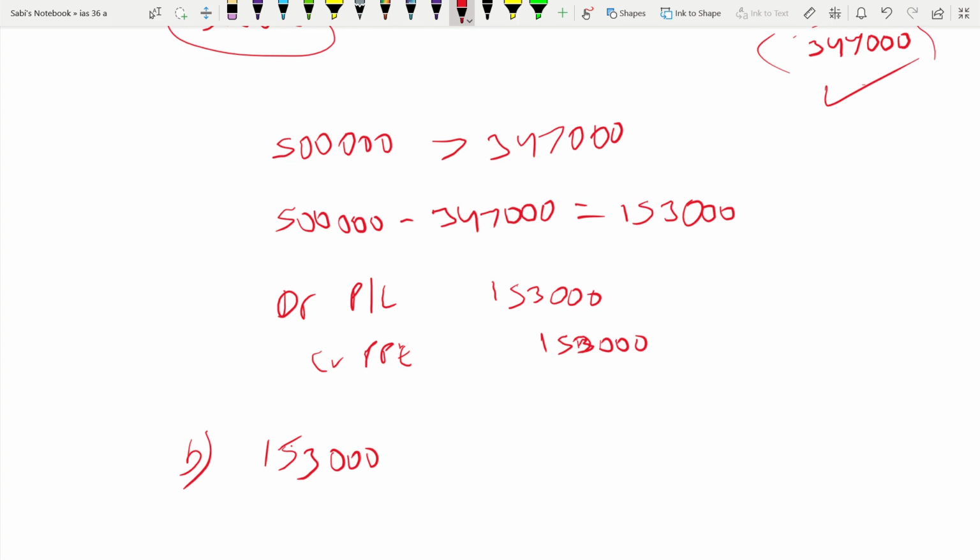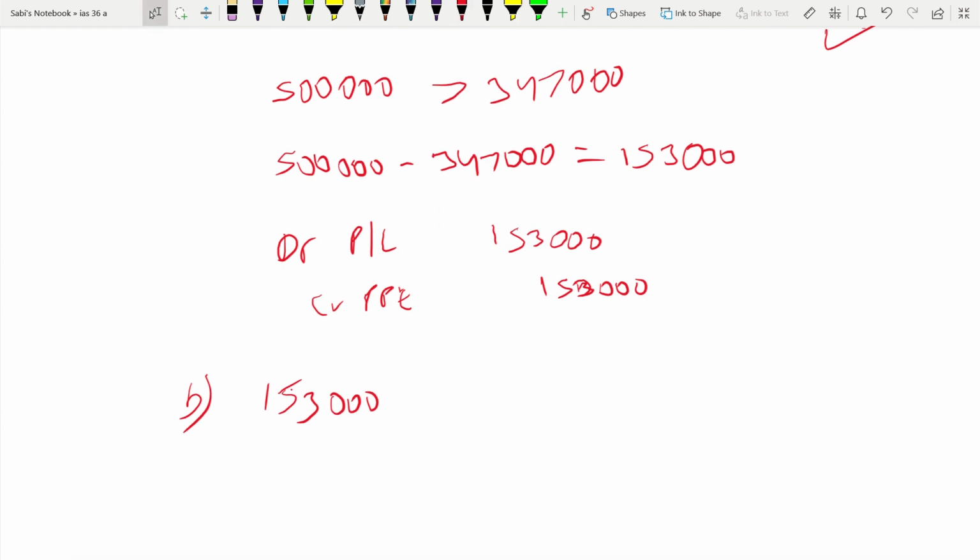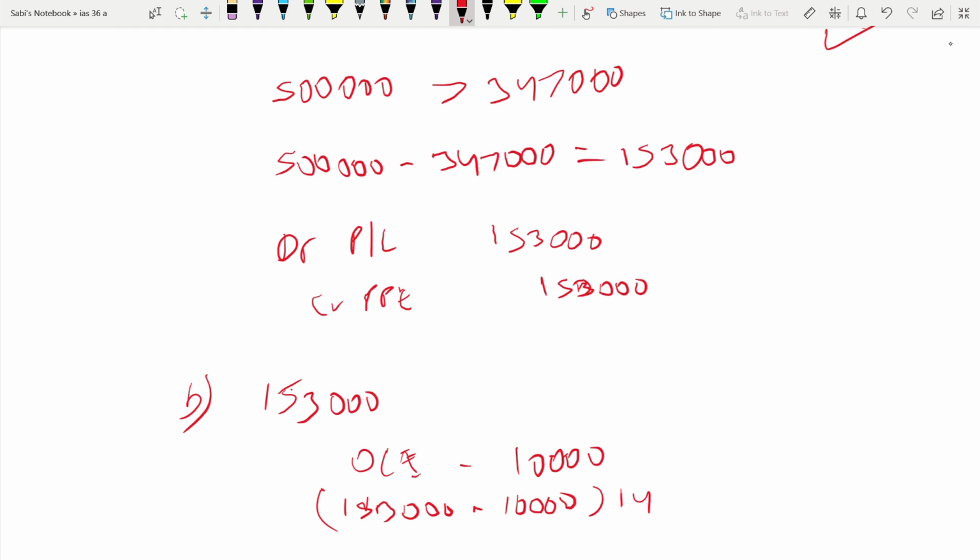How? See, now you have 10,000. So in your other comprehensive income, you can only reduce it up to 10,000. The balance, which is 153,000 minus 10,000, this goes to P&L. 143,000 you are going to reduce it from P&L.